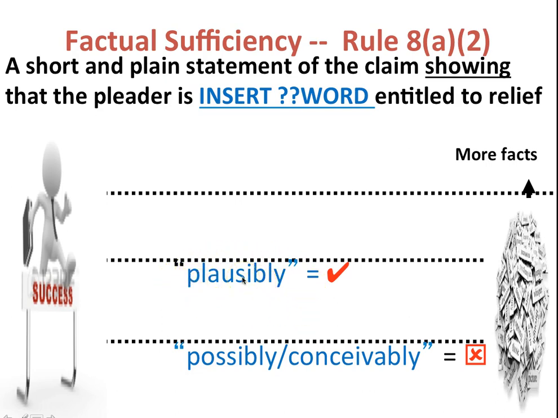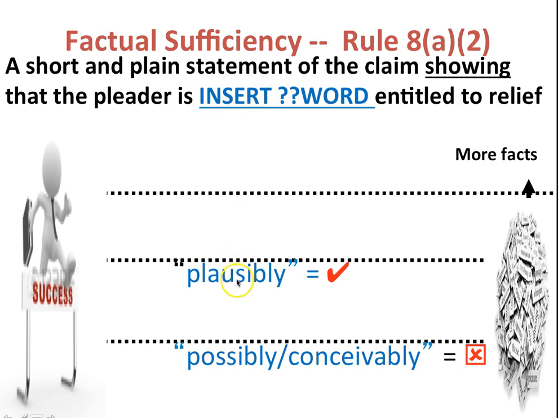One way to think about these words is to remember 8A2's command. 8A2 says the complaint has to have a short and plain statement of the claim showing the pleader is entitled to relief. One way to think about the standard is that under the Conley notice era, the court simply said, does the statement of claim show the pleader is possibly entitled to relief?